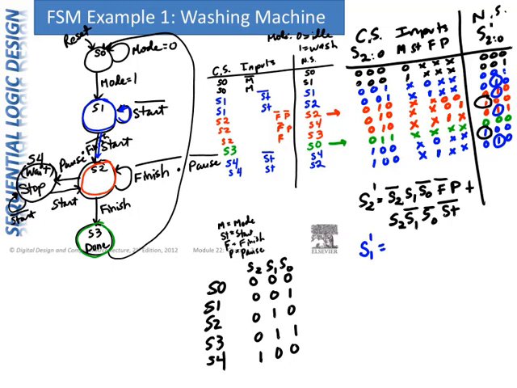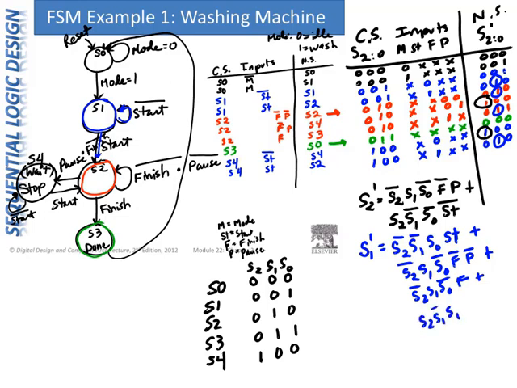So S1 prime is going to be S2 bar, S1 bar, S0 and ST, or S2 bar, S1, S0 bar, and F bar and P bar, or S2 bar, S1, S0 bar, and F, or the final case, S2, S1 bar, S0 bar, and ST.